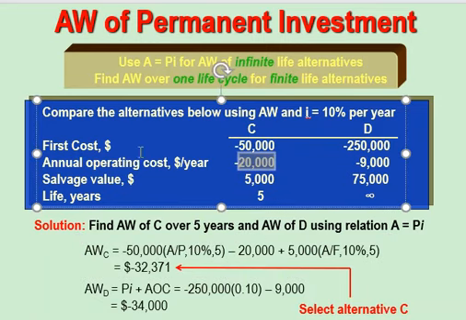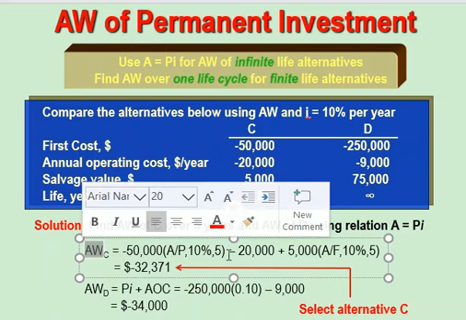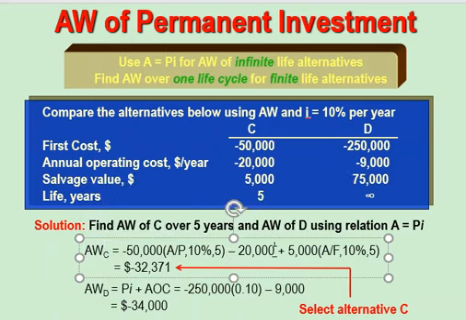Negative 20,000 is already annual, and I need everything to be in A, that means per year, equivalent to yearly payment. Same domain, same unit. What about 5,000? It's salvage value, in the future, so I transfer from F to A. I got AW.